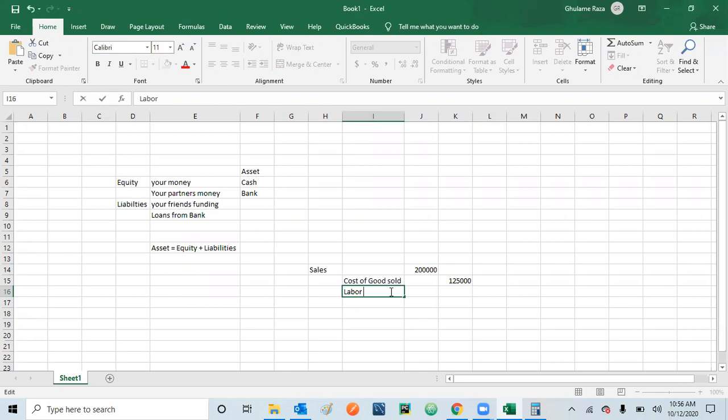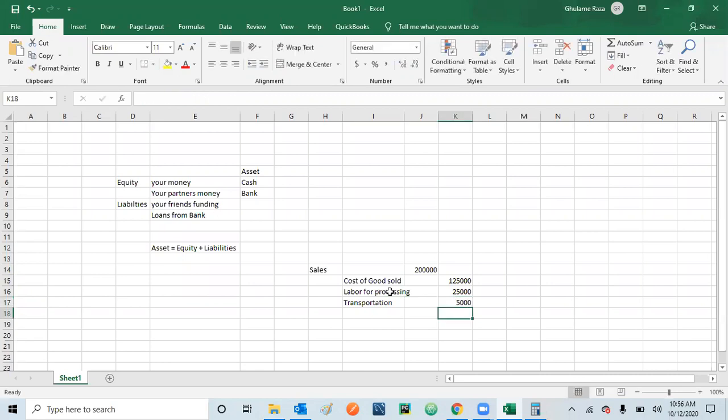So labor for processing, right? That is costing me around 25,000. And then, once you are taking this asset to another place, you are using transportation. So transportation costs me, let's say, 5,000.